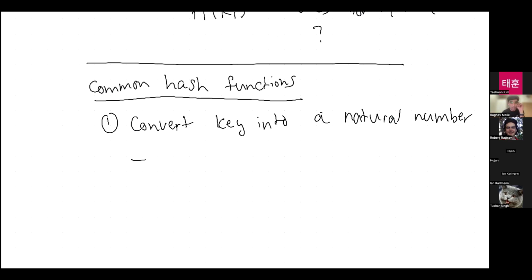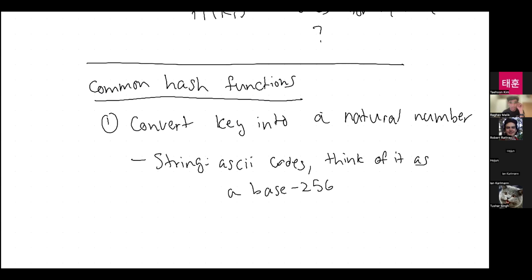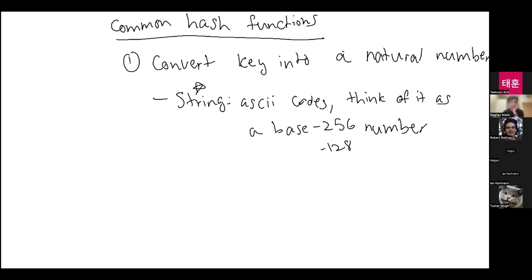If the key is a string, then you can look at ASCII codes and think of it as a base 256 number, or maybe base 128 if you know that your string is going to be printable characters or something like that.